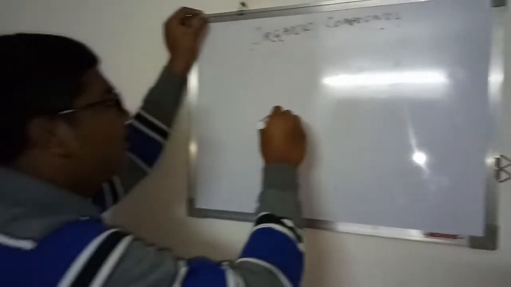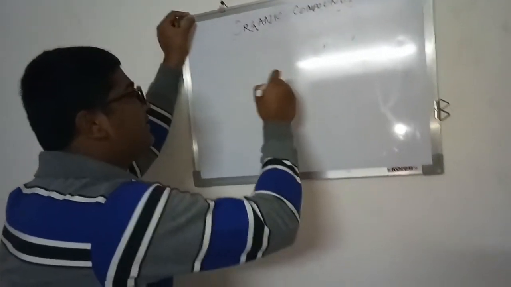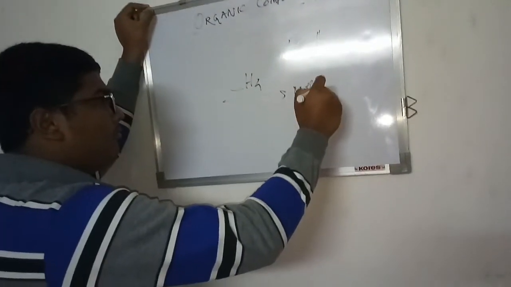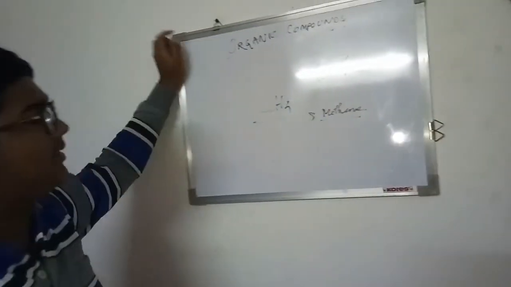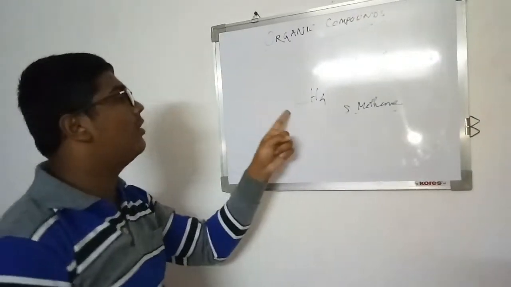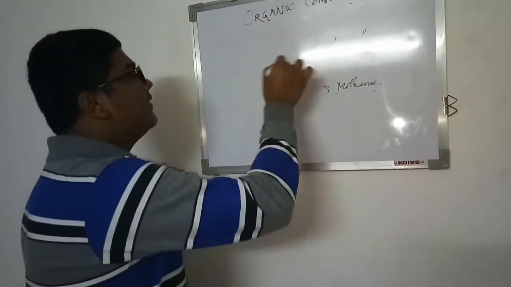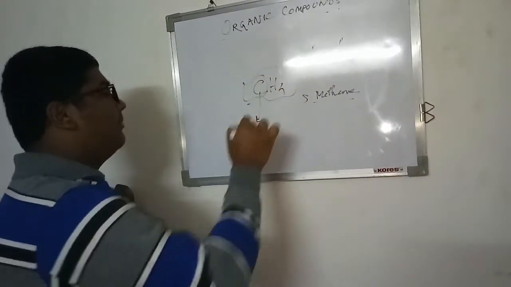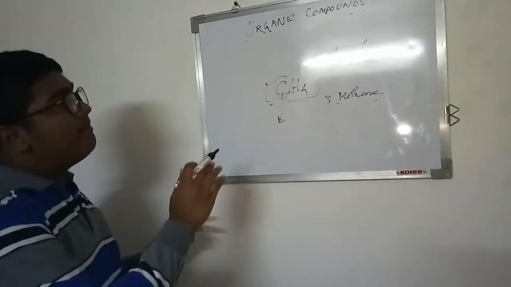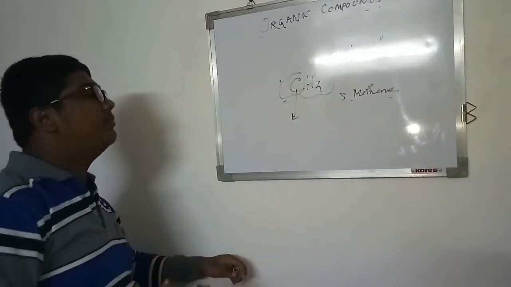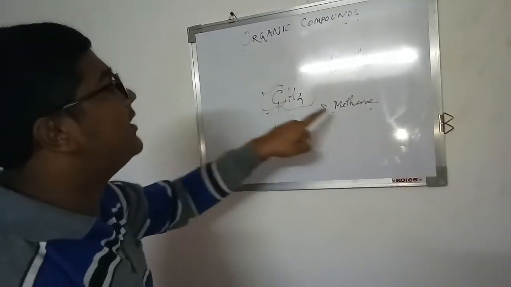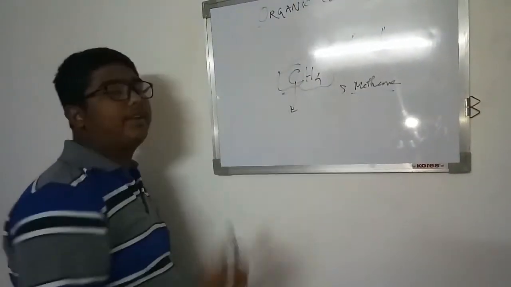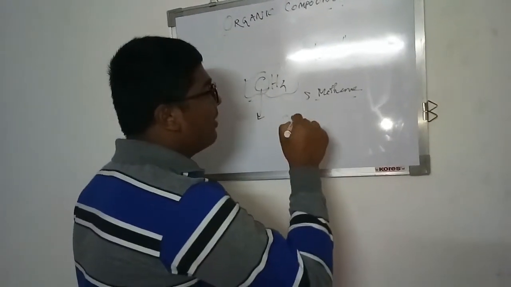For example, we can say CH4, it is methane. If we say CH4, it is definitely an organic compound, because in this particular compound we can find there is carbon. So any such compound which has a carbon atom will be called an organic compound.